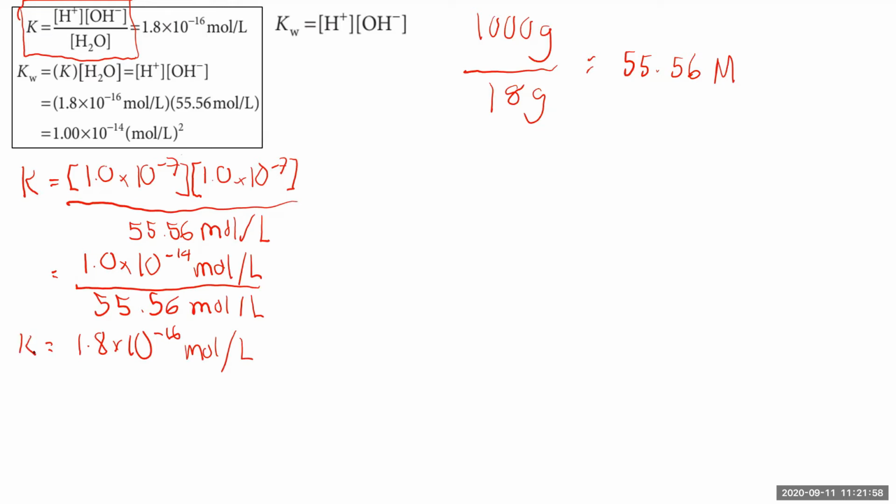Now, if we assume water concentration doesn't change, we can rewrite the equation. We can rewrite the equation as the ionization constant for water. We add W because we have to call it the water ionization constant or the water ion product now.